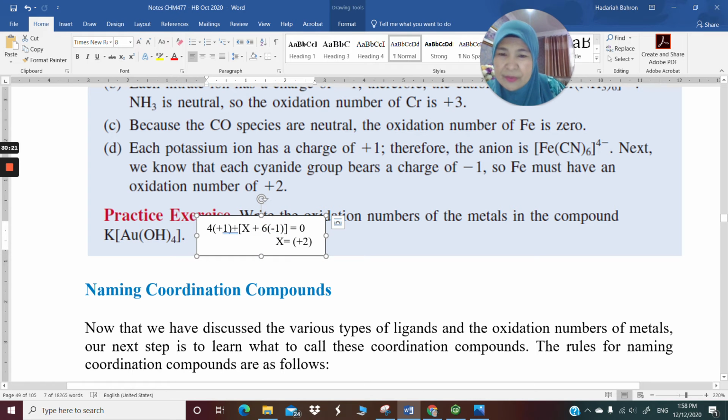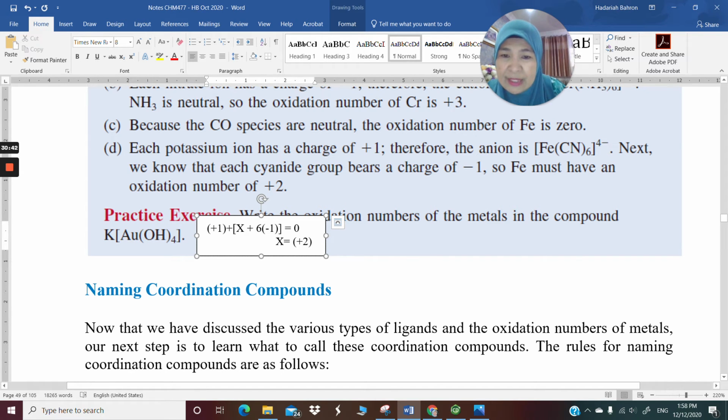So there is only one potassium outside of the square bracket. So that's +1, plus X is the oxidation state of gold, which you don't know.